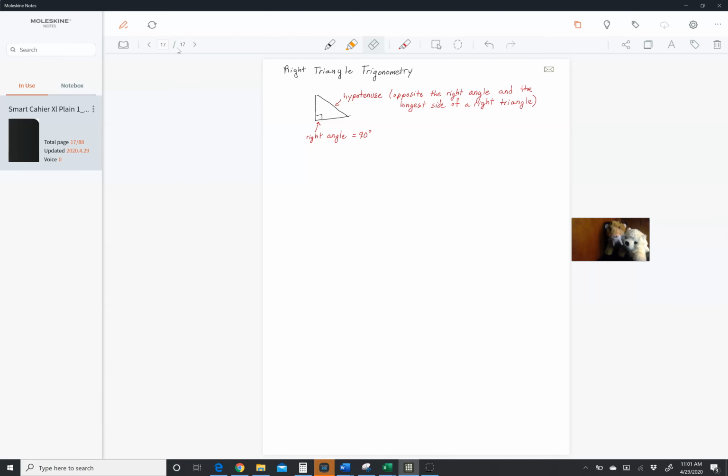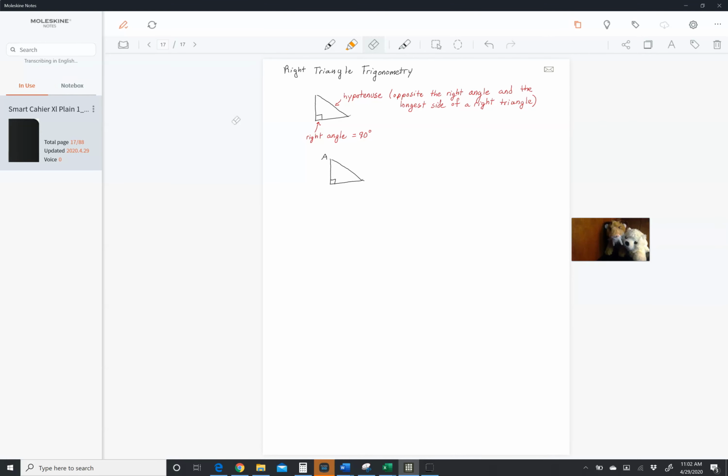Okay, let's talk about how we label triangles. It's the same regardless of what type of triangle you're working with. Just so that it's easy for you to refer to, this is universal. The angles are labeled with uppercase letters.